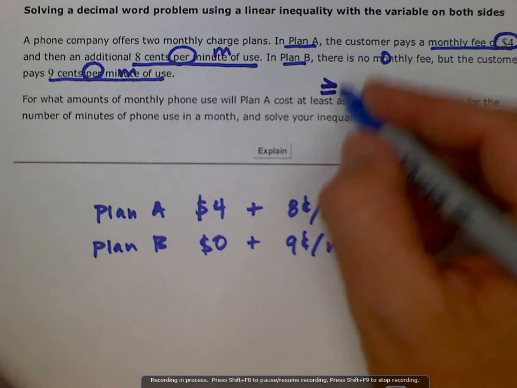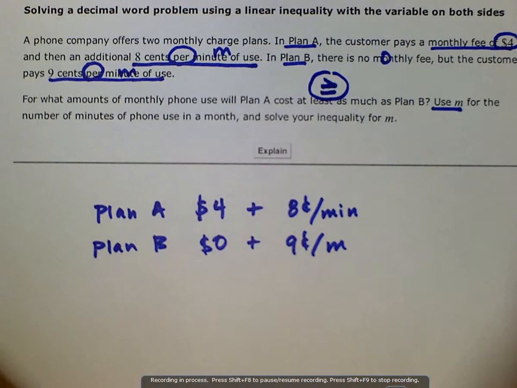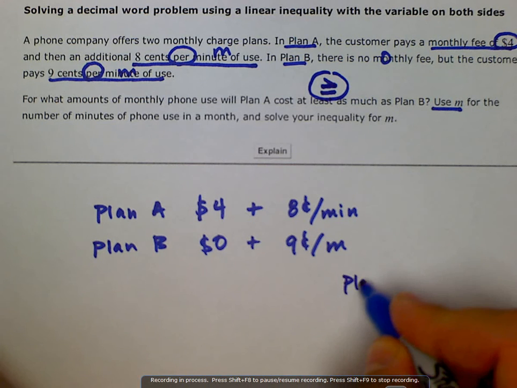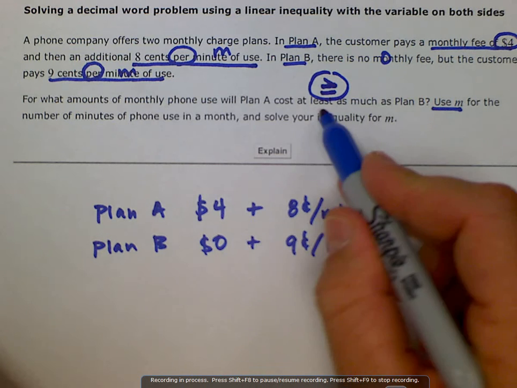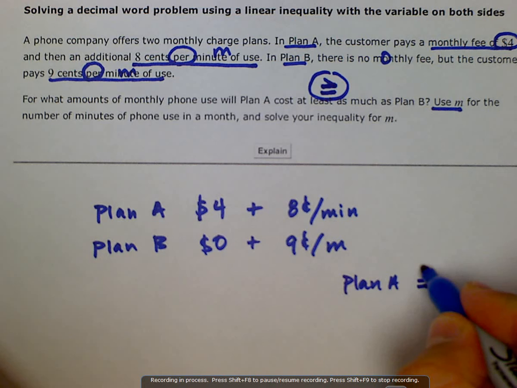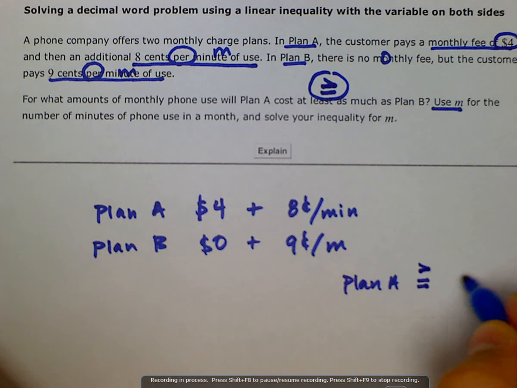Remember, this sign right here literally means if we have Plan A, we want Plan A to be at least, meaning it can equal or it can be greater than Plan B. And that's how we get this greater than or equal to sign.